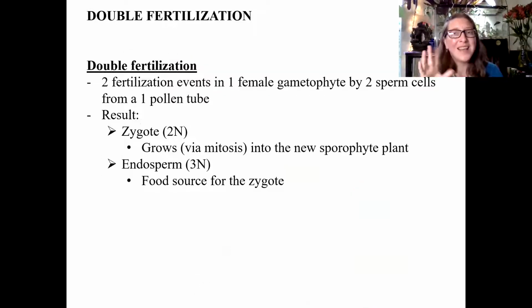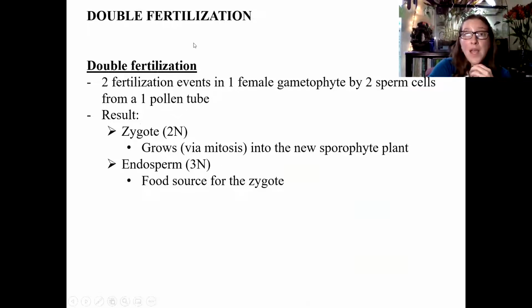As I was saying, things like endosperm, polar nuclei, that might sound scary, but what actually happens from double fertilization? Well, you get a zygote, right? 2N zygote, which we're used to. That 2N zygote's gonna grow via mitosis, right? Grow into the new sporophyte plant. It'll grow into an embryo, then it'll grow into a new sporophyte plant. We're used to that.